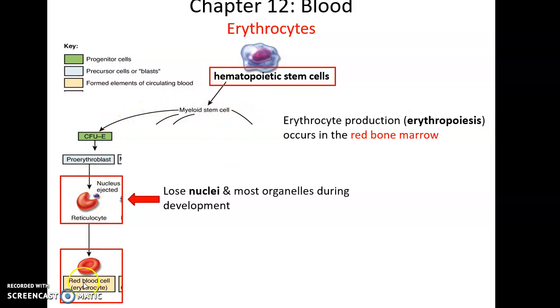During this process, the red blood cell actually loses its nucleus and most of its other organelles. So basically a red blood cell has just lots of hemoglobin within it, no nucleus, and most of its organelles are missing. So that's why it's a formed element. It's technically not a cell since it doesn't have a nucleus.